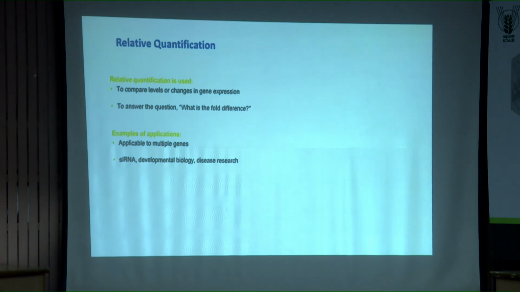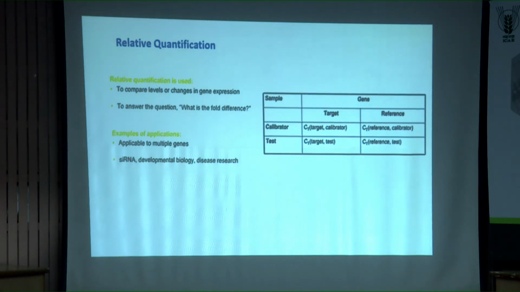Remember, the reference gene's expression is not altered by the conditions, correct? And you also have a control, which is never exposed to the conditions, right? I'll explain in a table format, right? Calibrator and test, and target and reference. You need to put together this checkered table whenever you do relative quantitation.